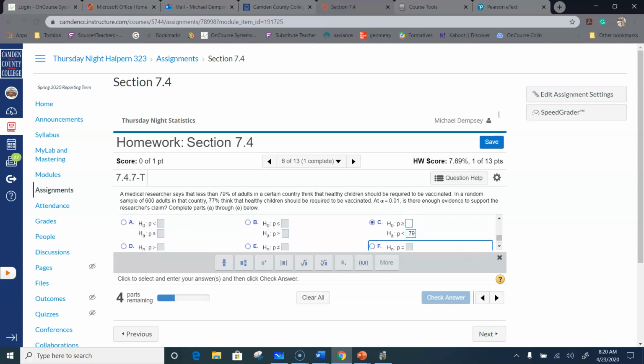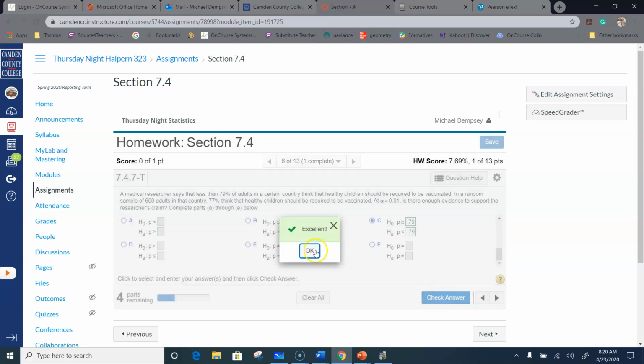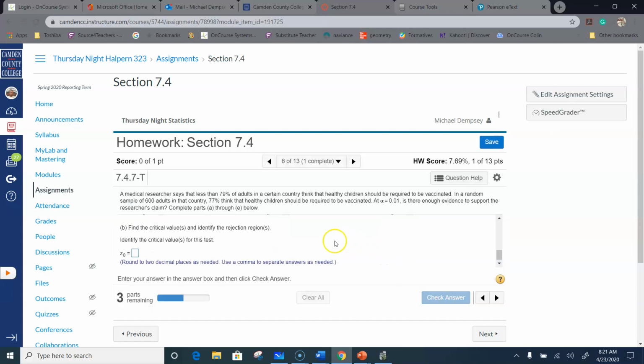He wasn't claiming that it's less than or equal to. He straight away said it's less than. So our null hypothesis is going to be, I usually would just say it's equal to 0.79, but we'll just go with greater than or equal to 0.79. He believes it's less than 0.79, and then we're going to look to see if there's significant evidence to reject the greater than or equal to claim and support his claim.